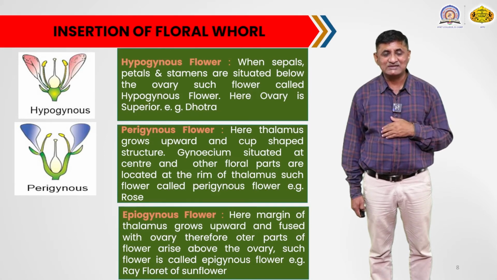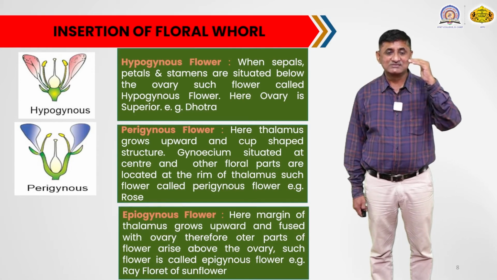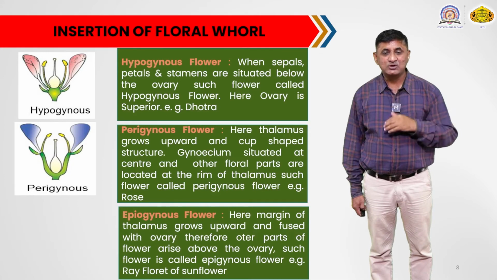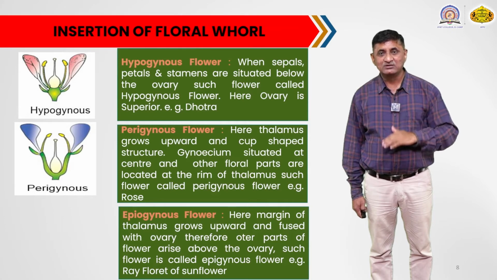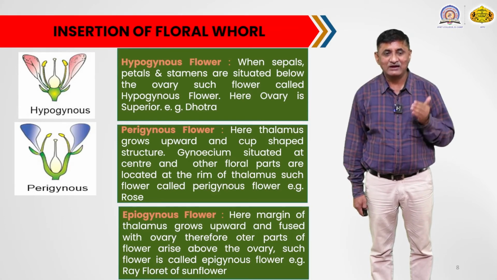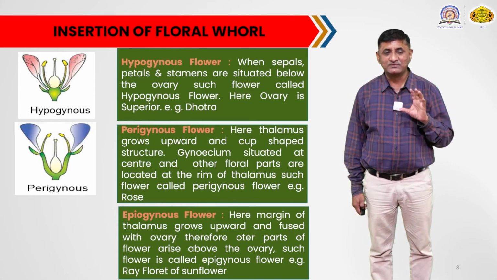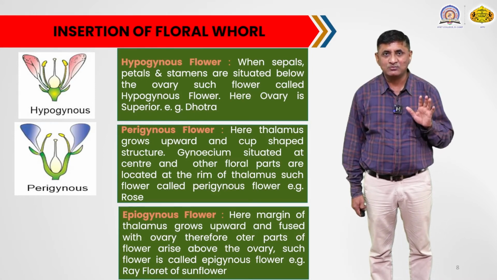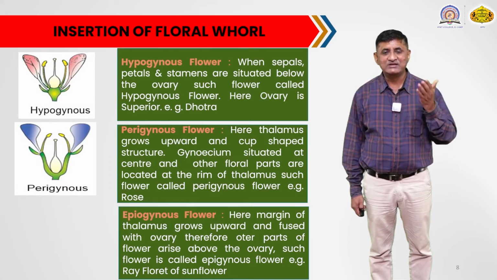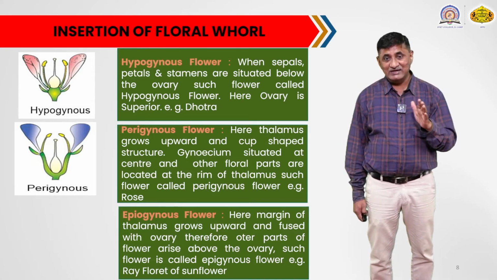The other floral parts like calyx, corolla and androecium are present on such an elongated margin of the thalamus, and that is why in this flower the ovary is seen just below all these parts, which are at an upper level. In such an arrangement the position of the gynoecium or ovary is inferior, or it may be half inferior, and you can see the half superior ovary. This flower can be treated as a perigynous flower.